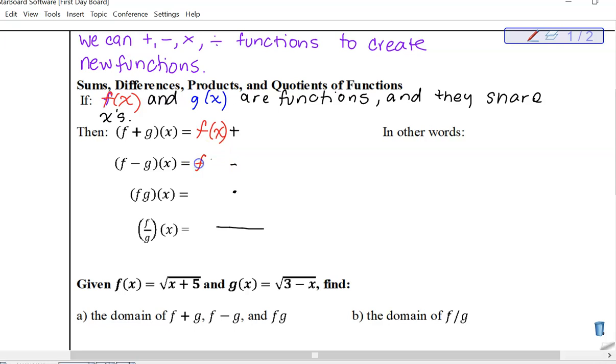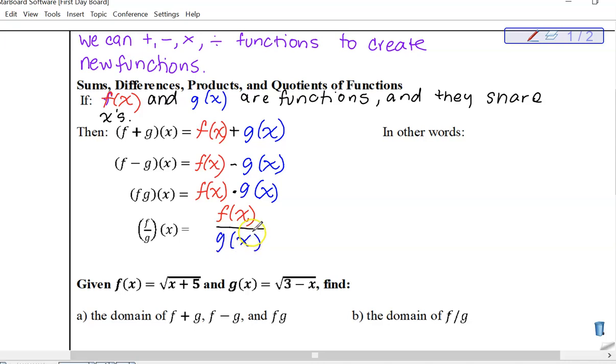So I'm going to take all of these y's for my function f, and I'm going to add the y from the g function, g of x, and over g of x.